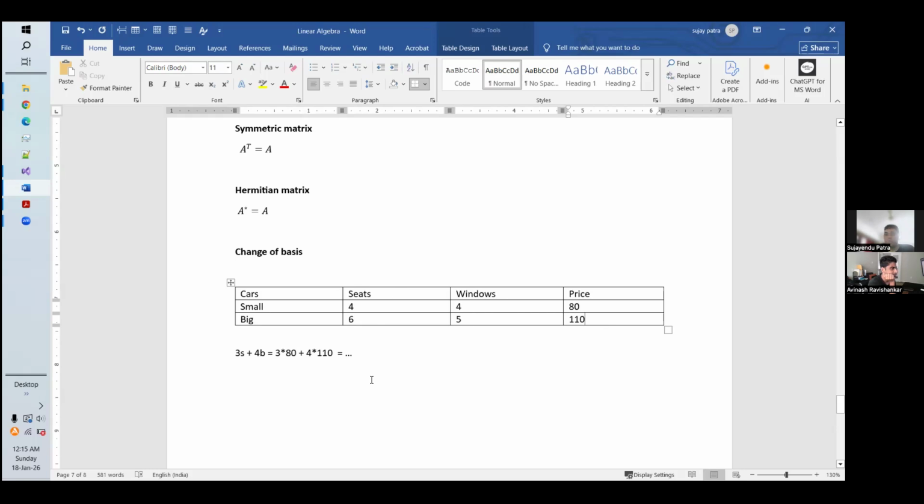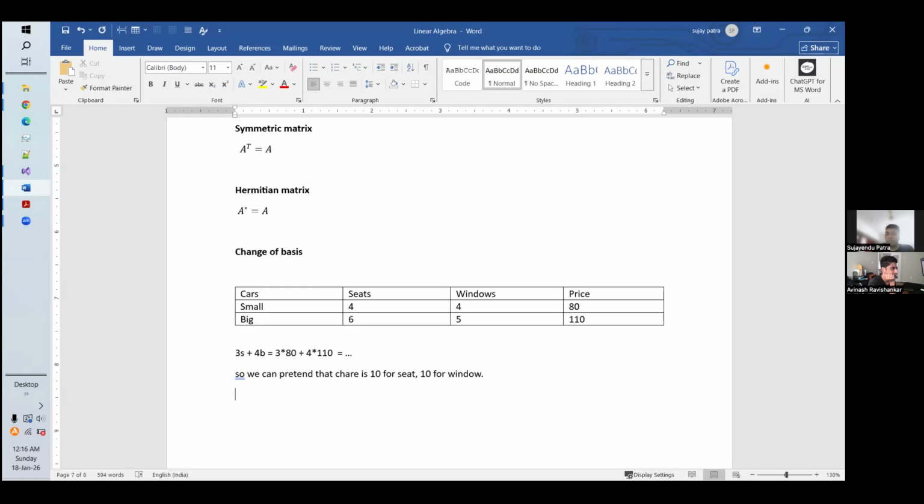Yes. So you can pretend that the charge is 10 for a seat, 10 for a window. Okay.